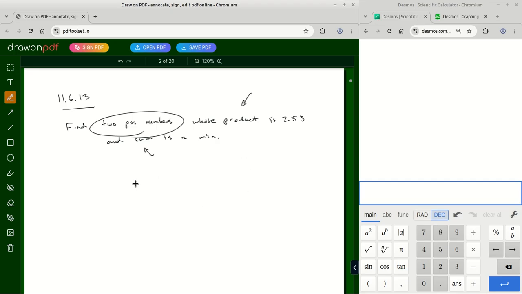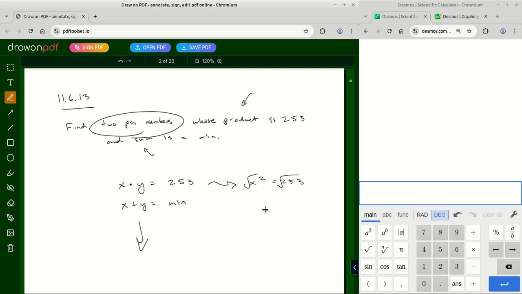I'm wanting to say x times y is equal to 253, and that x plus y is equal to a minimum. And we're going to do some math. But because they're both commutative, because they're ambiguous, I'm expecting them to be x squared is equal to 253.